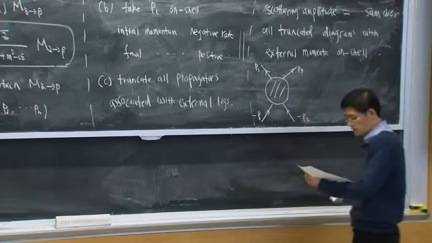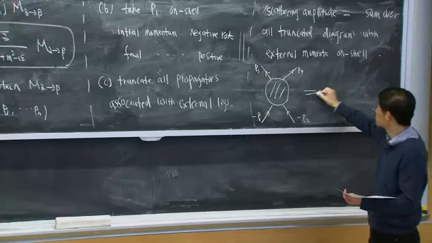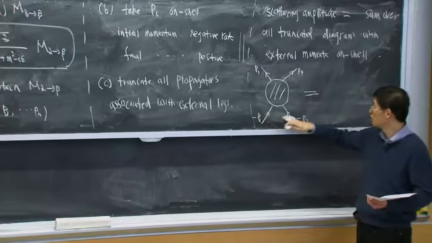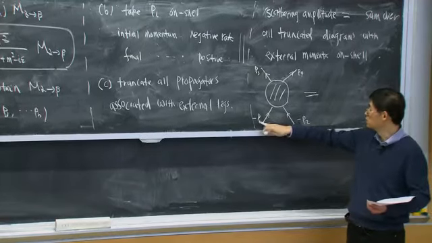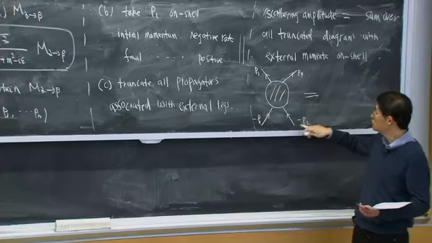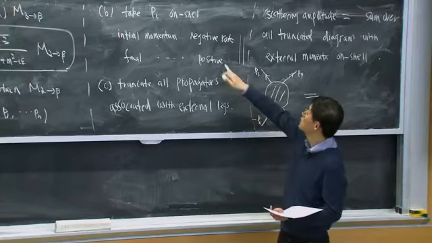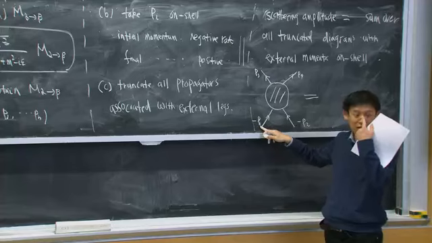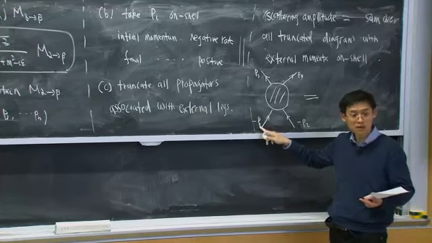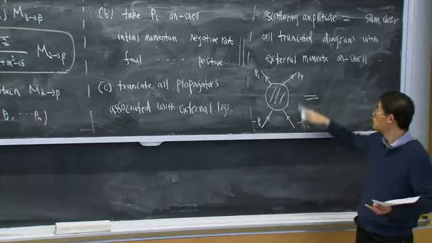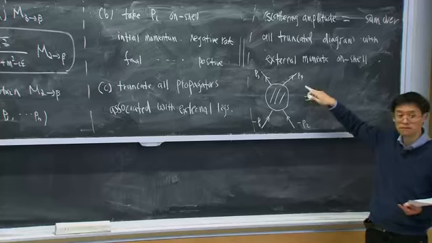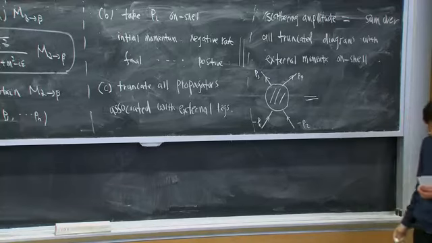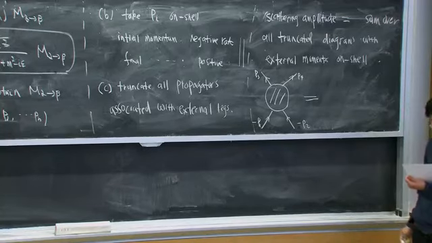Let's suppose we want to calculate such a scattering amplitude, with two initial particles with momentum minus P1 and minus P2. When you take this to be the negative root, then minus P1 actually has a positive energy. So all of them have positive energy.